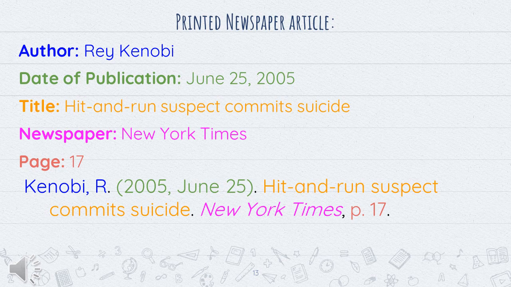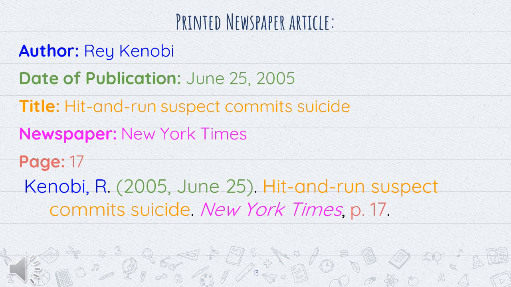But, maging dito sa part na to, baka dito kayo malito. Kailangan, tandaan nyo to, you have to remember that in putting or indicating the date of publication, open and close parenthesis, the first thing that you have to insert is yung year nito, comma, yung month, and then yung date. 2005, comma, June, and then 25, and then period.